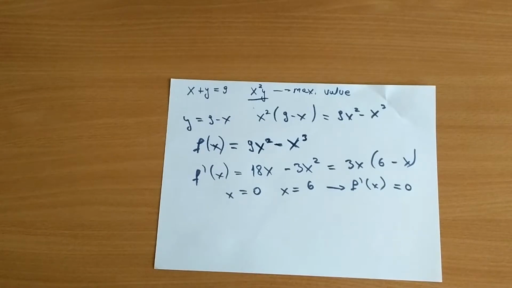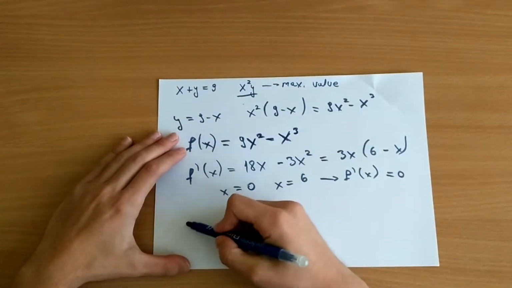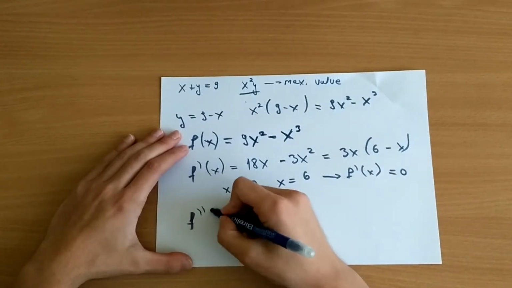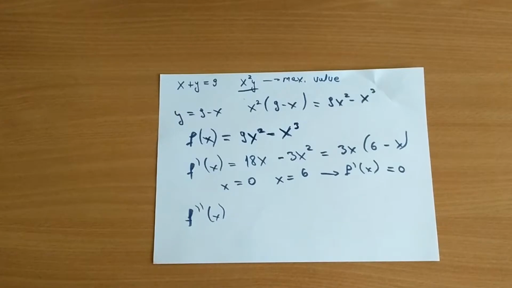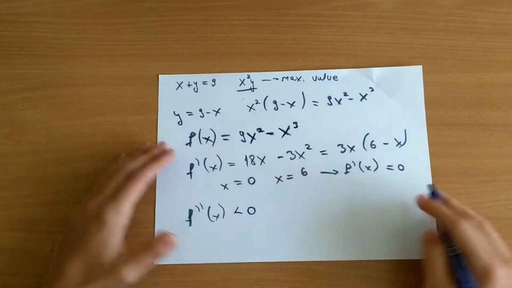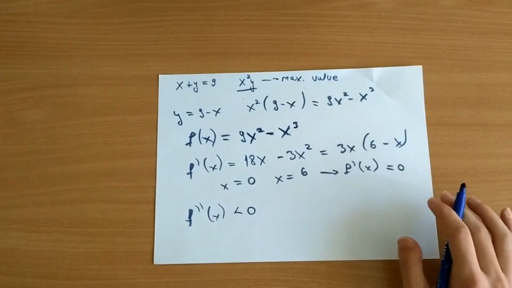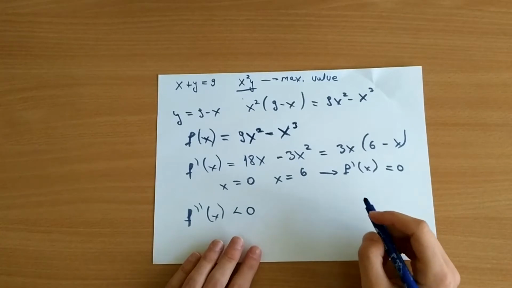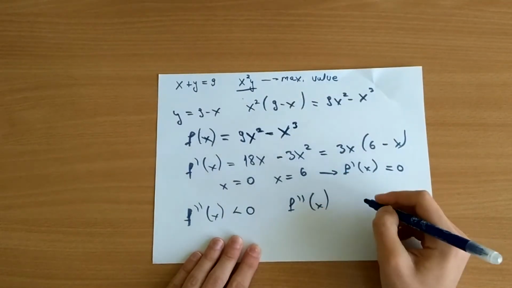Now let's find the maximum point. We're going to use the second derivative for that, and in order to find the maximum point, f double prime of x needs to be smaller than 0. Remember that we have studied this in the second derivative test video. Okay, so first of all, let's find the second derivative.